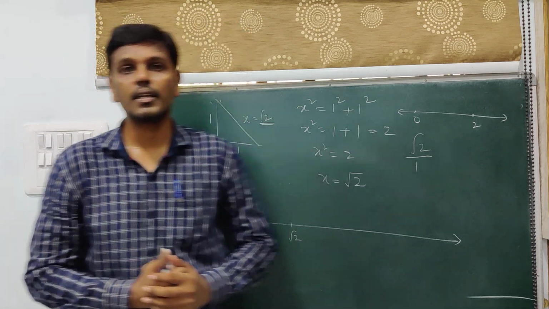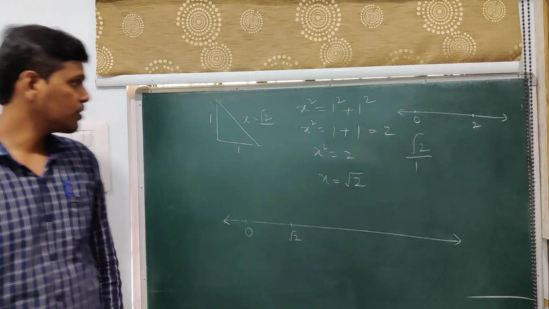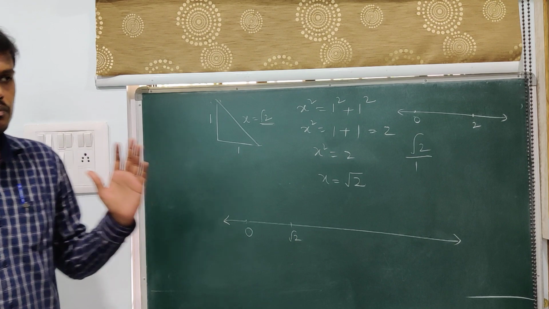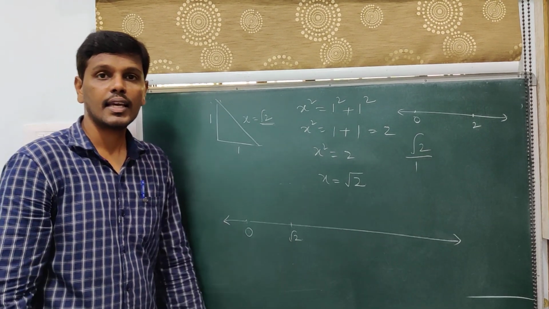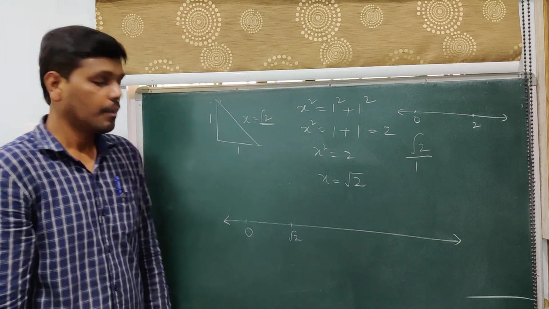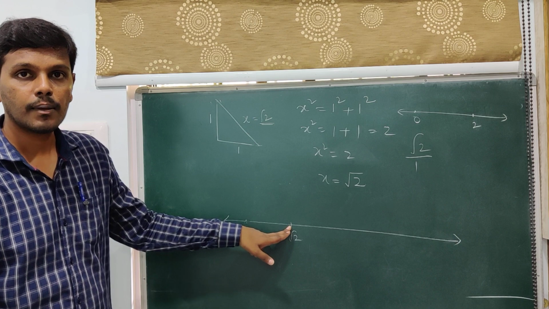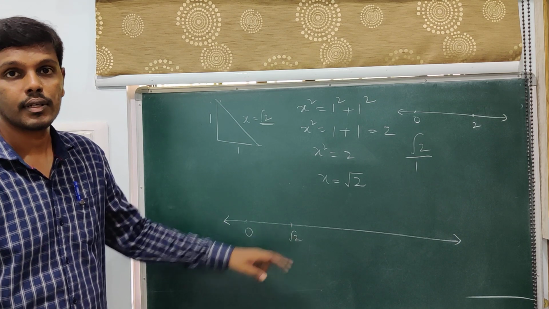Now let me resume the discussion which I suspended previously. In the previous discussion, we made a probable conclusion that every point on the number line can be assigned a rational number. But here we have a point on the number line to which a number that is not a rational number is assigned.